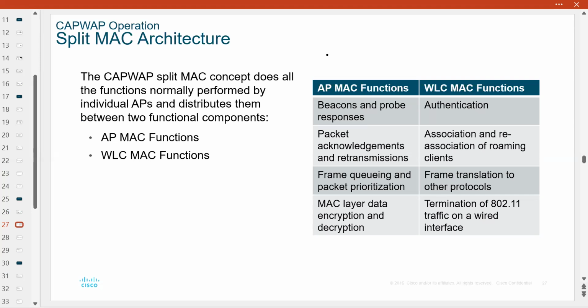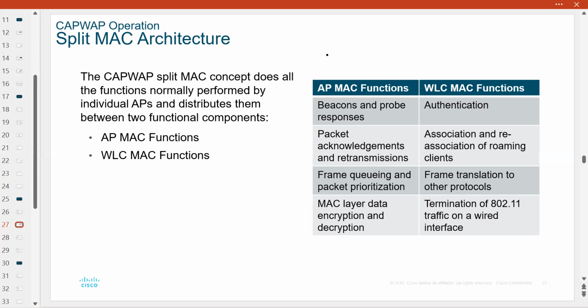With a standalone AP, the autonomous access point, it does everything: it sends the SSIDs, scanning, and authentication. It does everything on its own. But when we have lightweight, we have the AP and the controller. Now, which functions does the AP do, and which functions does the wireless LAN controller do? So we have what we call the CAPWAP split MAC concept, which separates the functions between the access point and the controller.